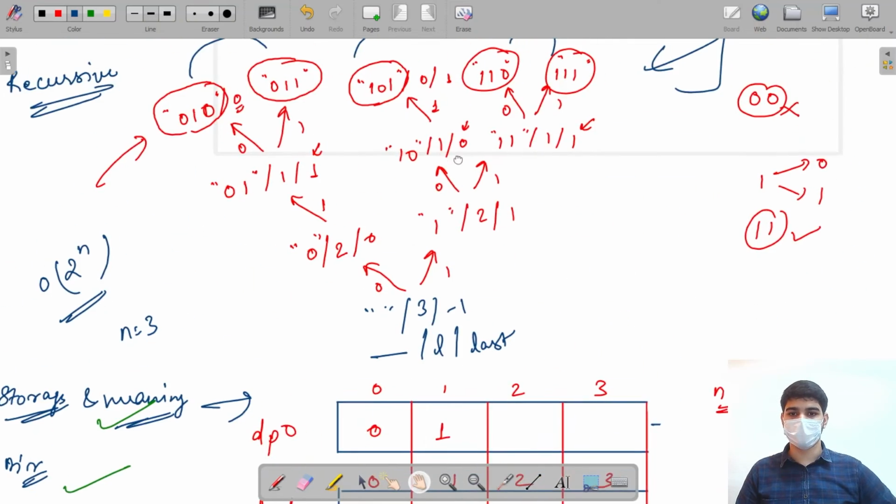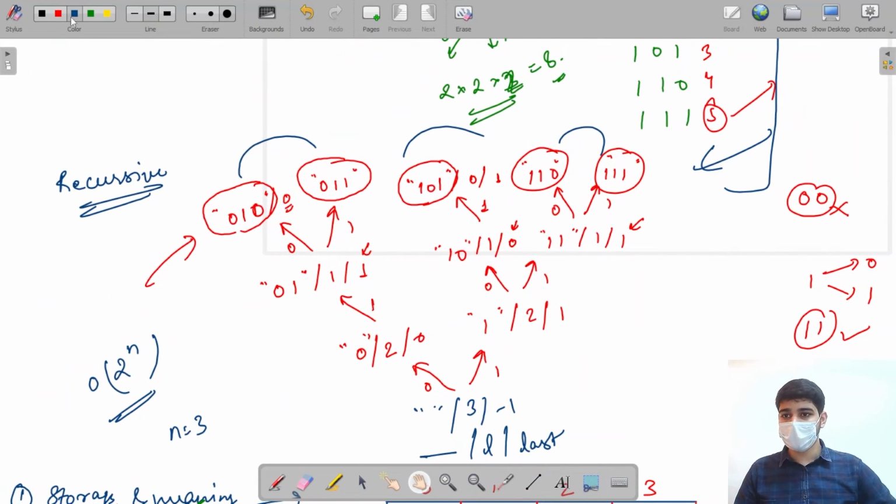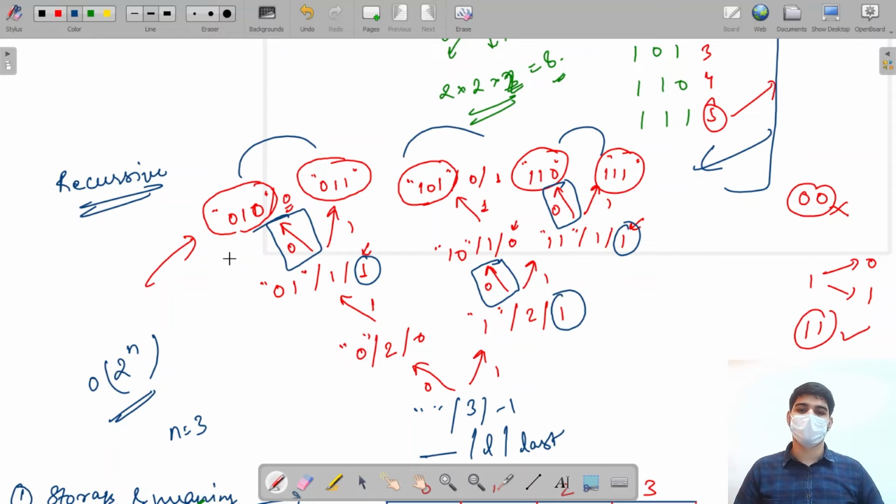If you look at the recursive tree again, we only added 0 when our last digit was 1. If my last digit was 1, then I added a 0, right? I couldn't add 0 when my last digit was 0 itself, right?